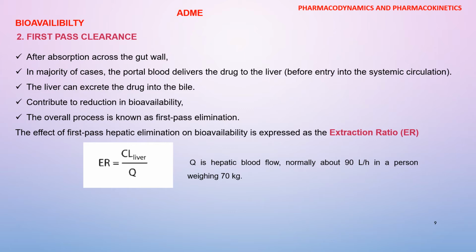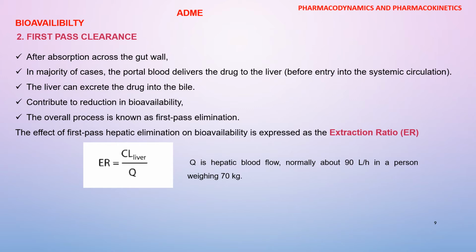The effect of first pass on bioavailability is expressed as the extraction ratio, which is the ratio of the clearance value of the drug from the liver to the hepatic blood flow rate.